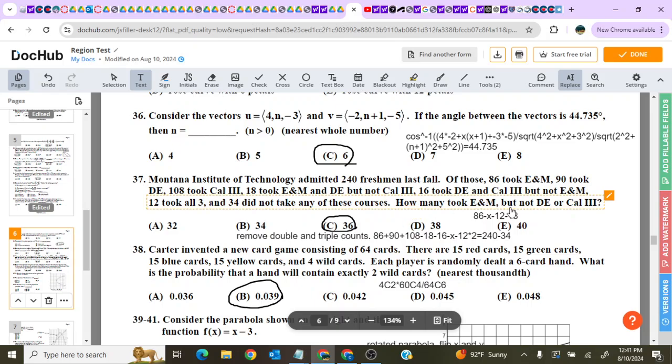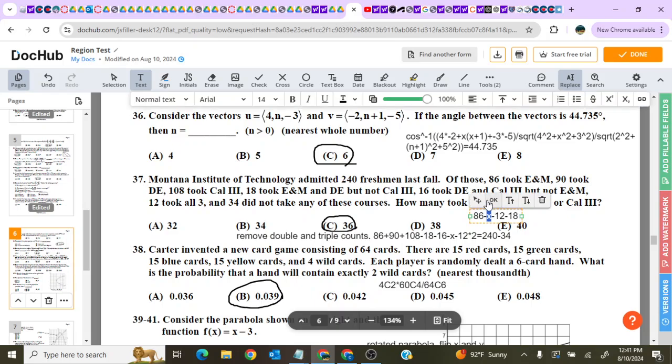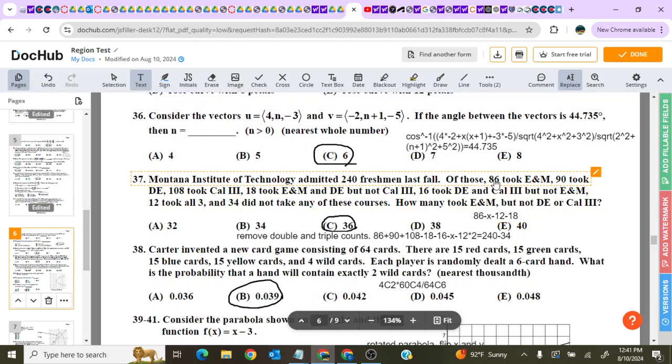You have 12 people that took all 3, so that accounts for 12 of your 86 in that class. You have 18 people that took E&M and DE, so that counts as 18 of your E&M students. And you have your people who took Cal 3 and E&M, which also accounts for part of that data set. Everything that's left are people who must have only taken E&M, which is 36.